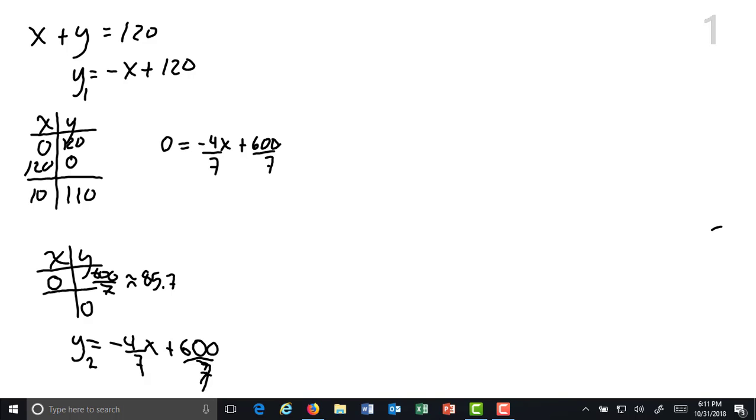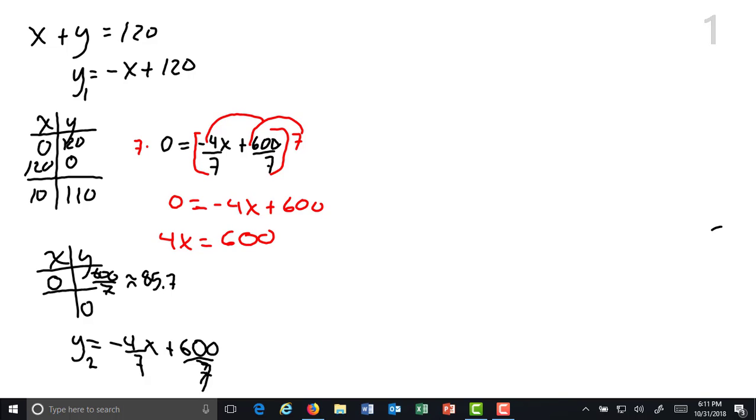So I can multiply this by 7, and then this other side has to be distributed by 7. But when the 7's come in, it wipes out the other 7, right? So look what I have left. Just a 0 on this side equals minus 4x plus 600, of which I'm going to add 4x to both sides.